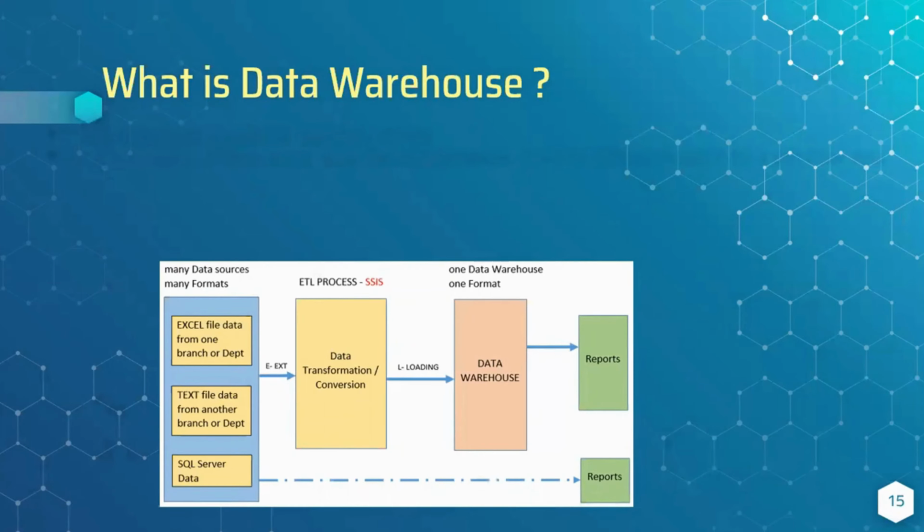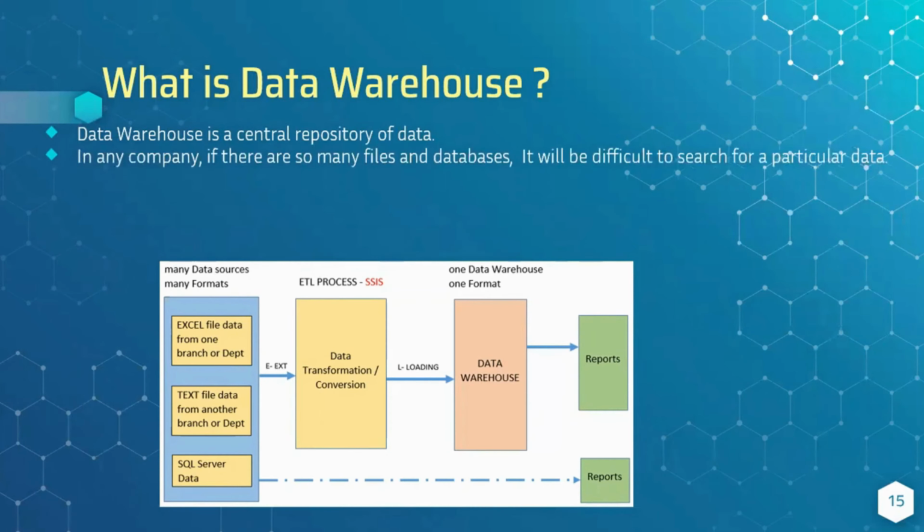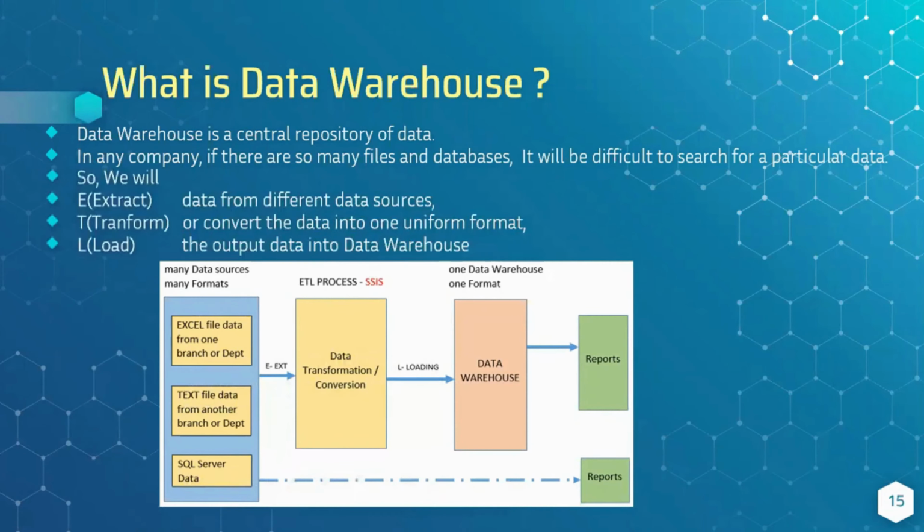Next, what is data warehouse? Data warehouse is a central repository of data. In any company, if there are so many files and databases, it will be very difficult to search for a particular data. So we will extract data from different data sources.